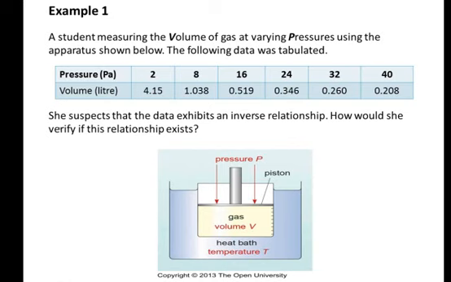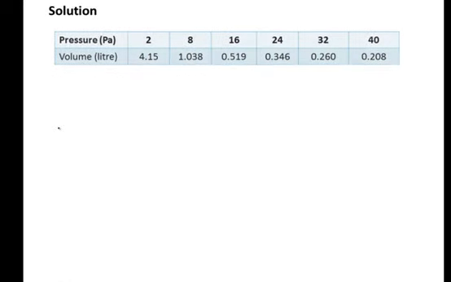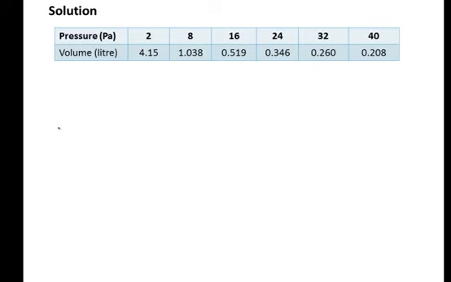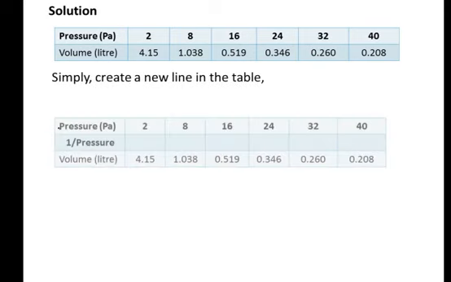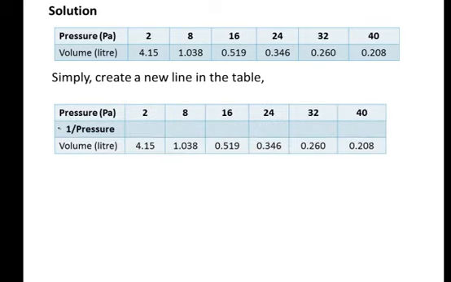So we take a look, this is your solution now to this. So this is how the problem could appear on the exam. Now we're given this data here. What we do is we create a new line in the table.